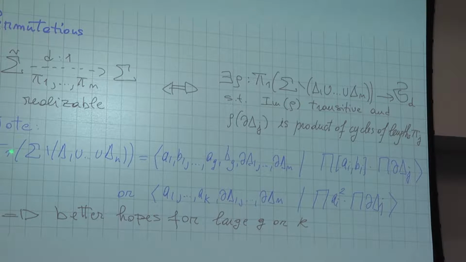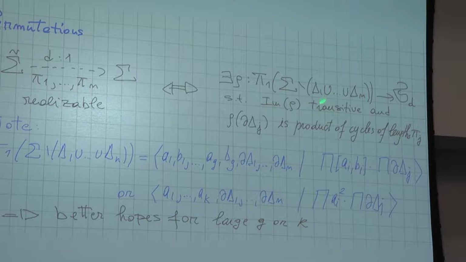Now note that the fundamental group of sigma minus n disks in the orientable case is generated by a presentation with always one relator, 2g plus n letters in the orientable case, and this one relation.